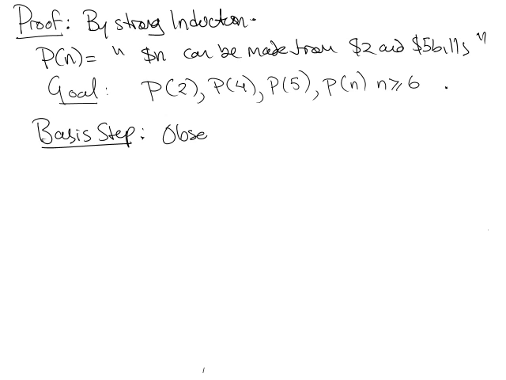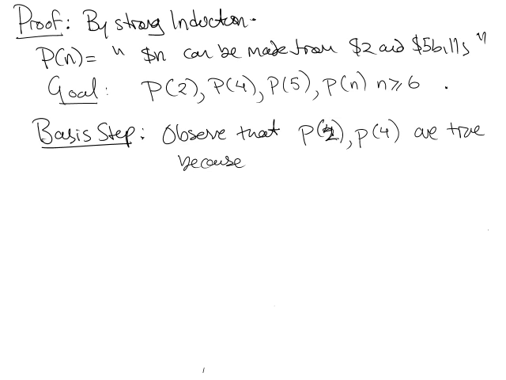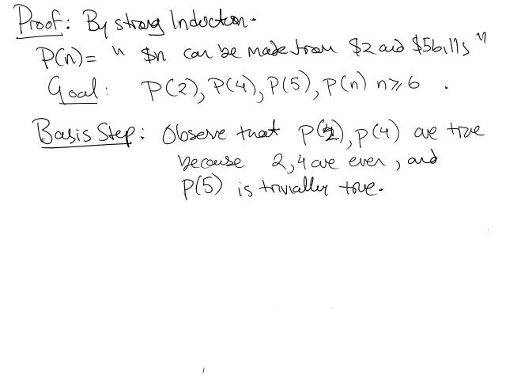So observe that P of 2, P of 4 are true, well, because 2 and 4 are even. So one $2 bill and two $2 bills work. And P of 5 is trivially true. Okay, so these are the base cases. And now let's do the inductive step.